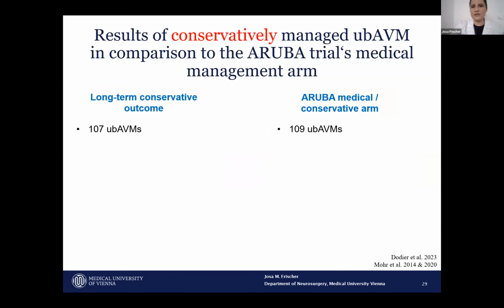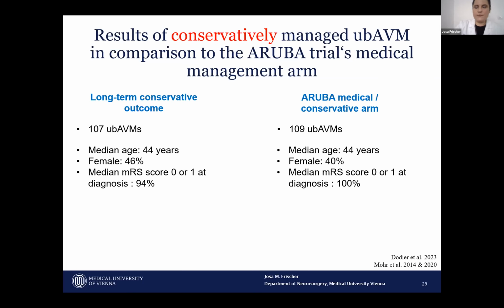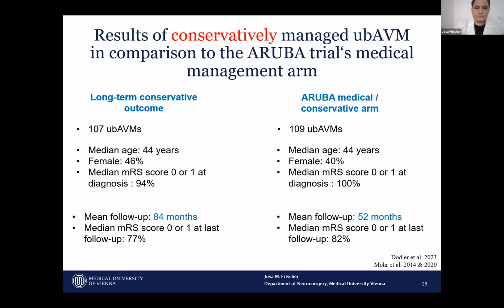So why do I share those data with you now? Because we obviously compared those data to the data that were presented in the Aruba medical management arm. So we had a similar number of patients with very similar baseline characteristics, more or less the same median age, same percentage of female patients, same median mRS score.